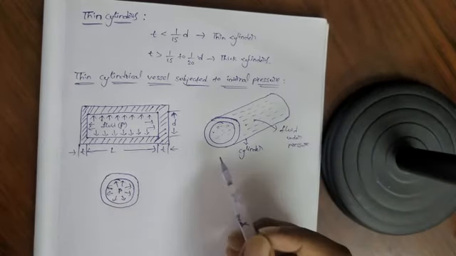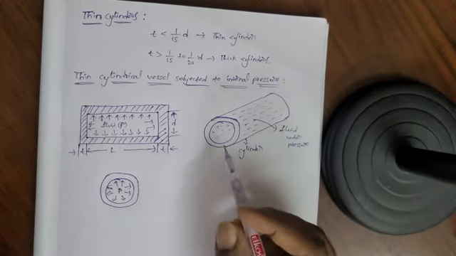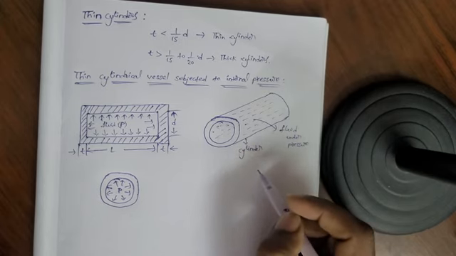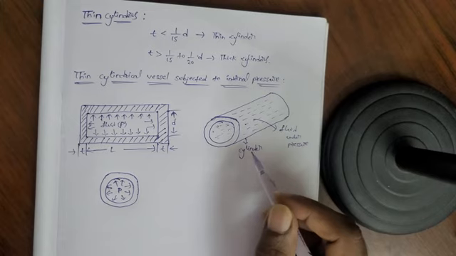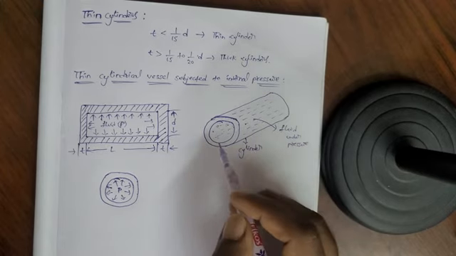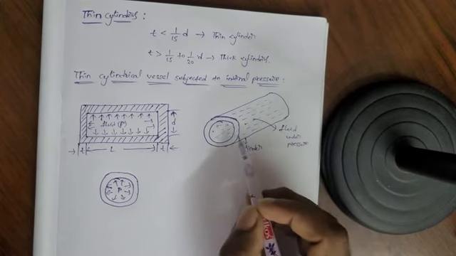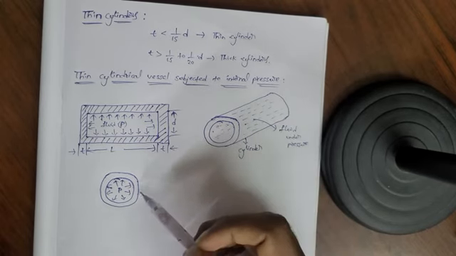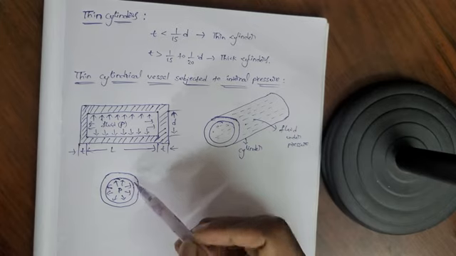Here I am considering one cylinder. In the cylinder I placed a fluid which is under pressure. In the front view the cylinder looks like a rectangle like this. In the side view the cylinder looks like a circle.